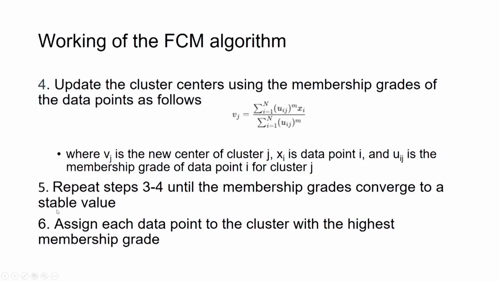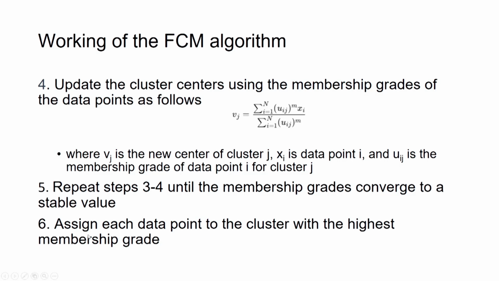That means your membership values will not change, or there may be some other termination criteria also. You can fix some number of iterations, and after that you will stop, or you will check that the quality of the clusters formed is up to some particular level. So, we can decide some threshold, calculate the Silhouette coefficient, and based on that we can stop the process here.